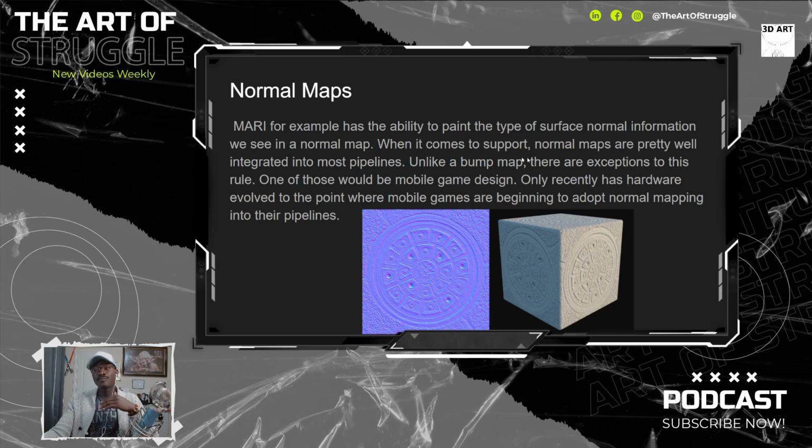When it comes to support, normal maps are pretty well integrated into most pipelines. Unlike a bump map, there are exceptions to this rule though. One of those would be mobile games. Only recently has hardware evolved to the point where mobile games are beginning to adopt normal mapping into their pipeline. And that's what I talked about. Some mobile games are still using 512 by 512, right? The map is like this big.